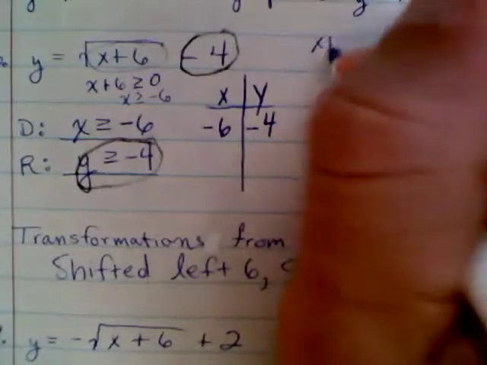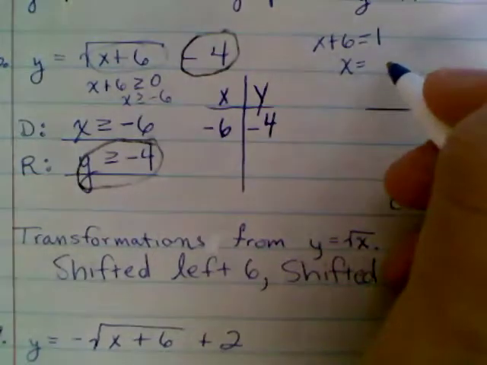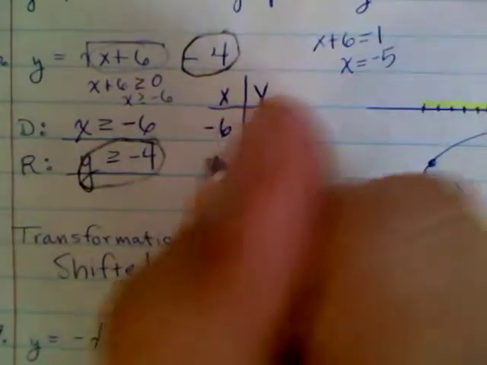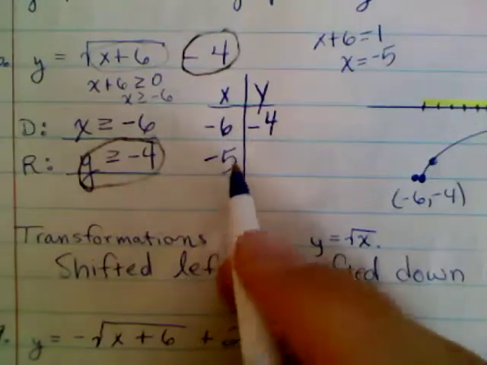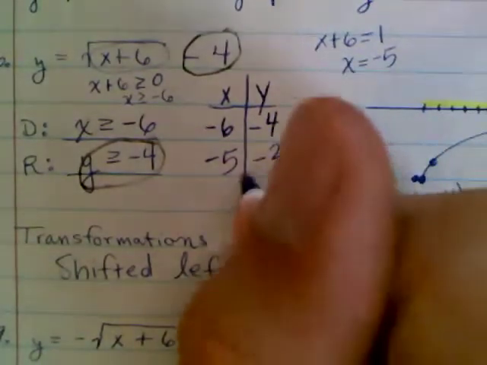So x plus 6 equals 1. So x equals 1 minus 6, which is negative 5. I'm going to substitute in a negative 5 then. That gives me 1 in here. 1 minus 4 is negative 3.